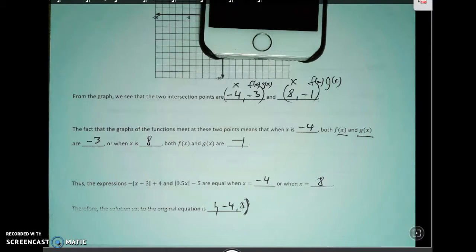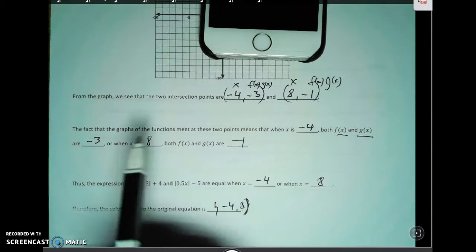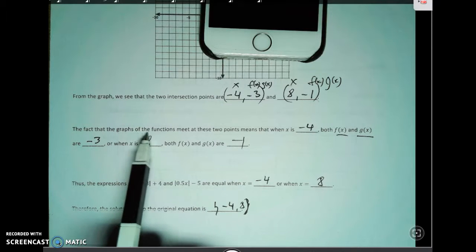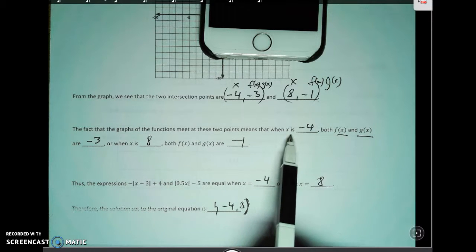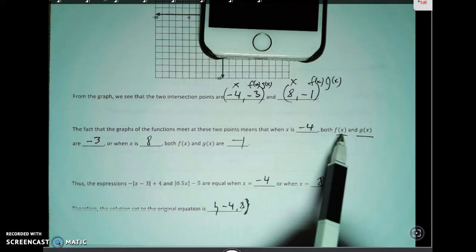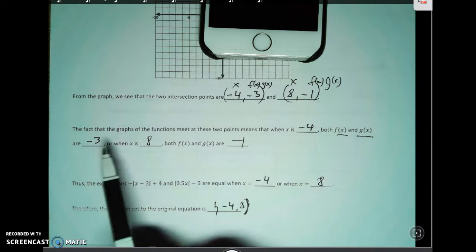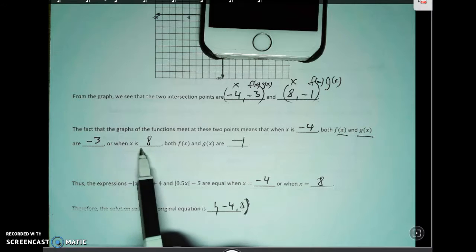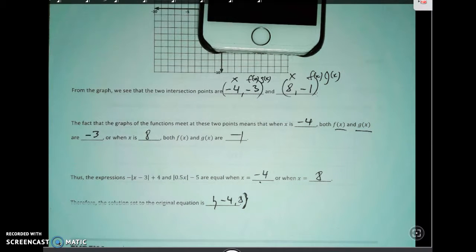The fact that the graphs of the functions meet at these 2 points means that when x is negative 4, both f of x and g of x are negative 3, and when x is 8, both are negative 1. So both of these expressions, negative absolute value of x minus 3 plus 4 and absolute value of 0.5 x minus 5, are equal when x is negative 4 and when x is 8.